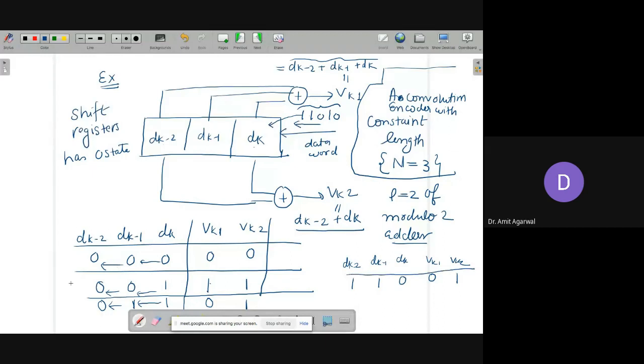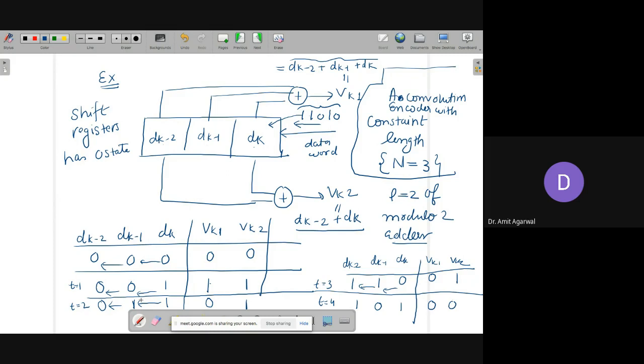So this is time instant 1, time instant 2, time instant 3. In the next time instant, that is time instant 4, you will see what is happening. dk will become 1, dk minus 1 will become 0 and dk minus 2 will become 1. So vk1 will be 0, and vk2 will also be 0.